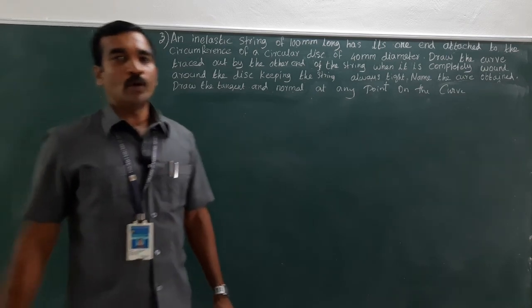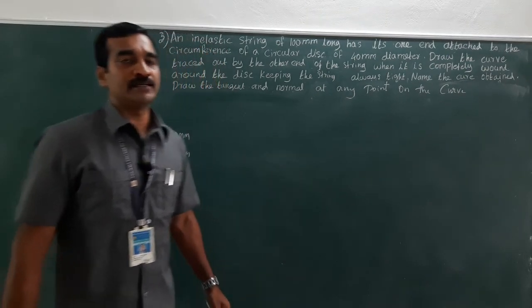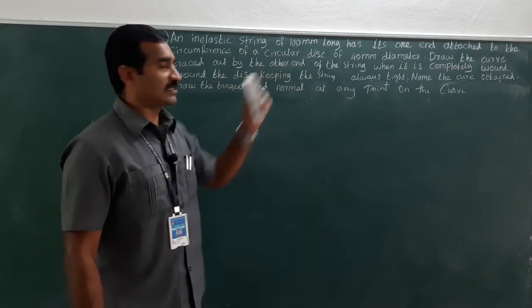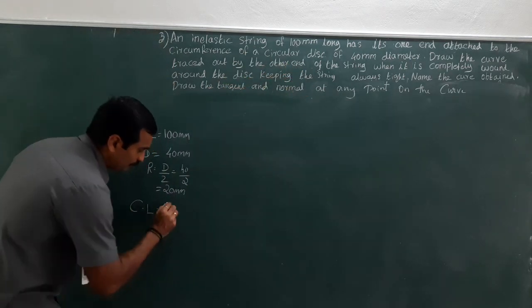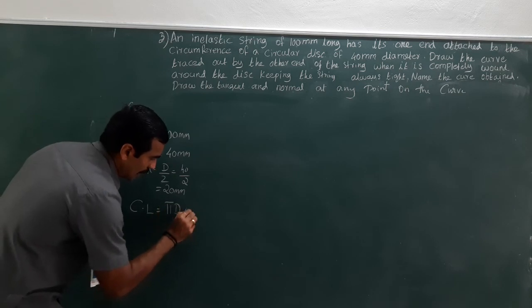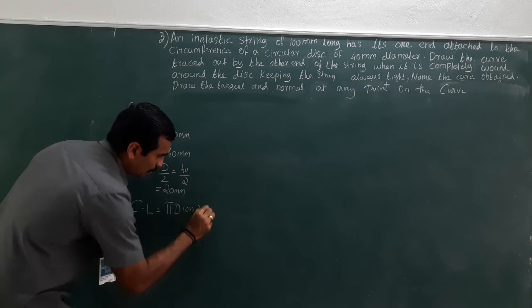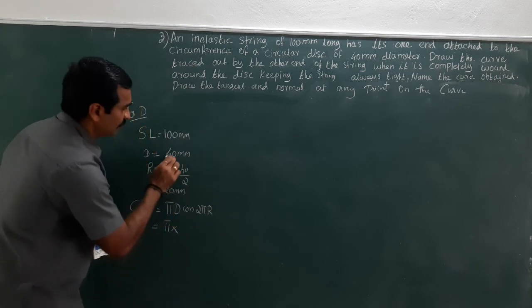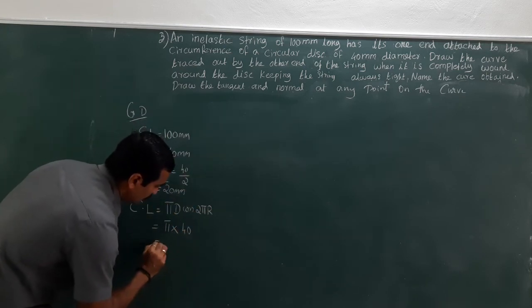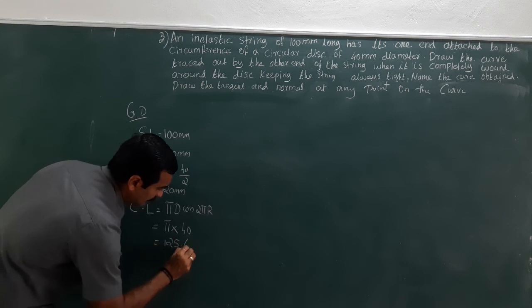And what about the circumference of this particular disc? Circumference is equal to pi d, or 2 pi r. Pi into d, diameter is 40, which would be 125.6 mm.